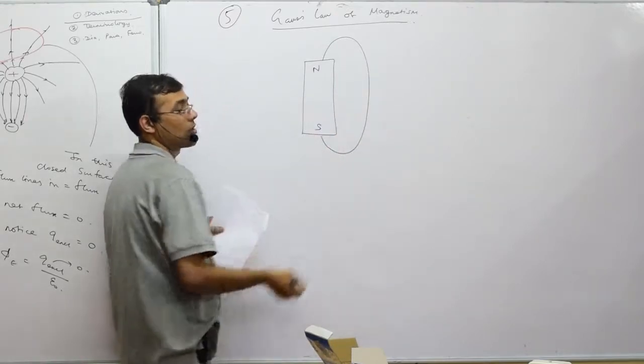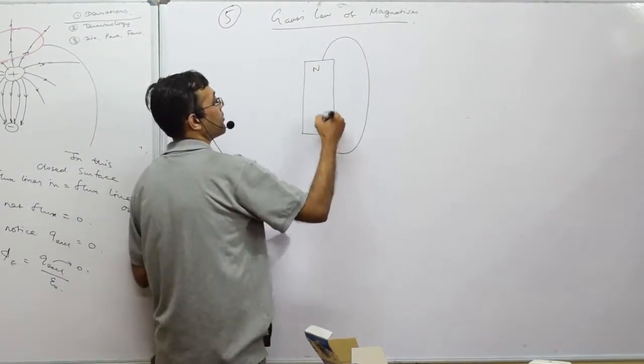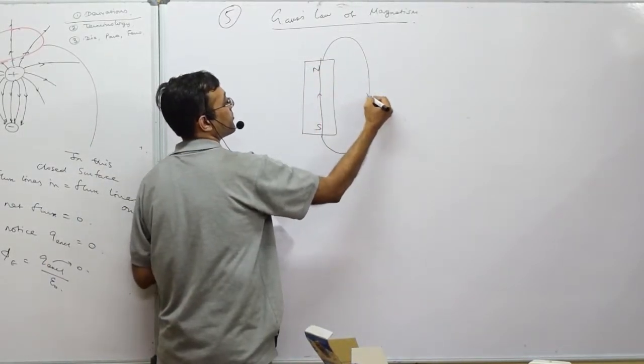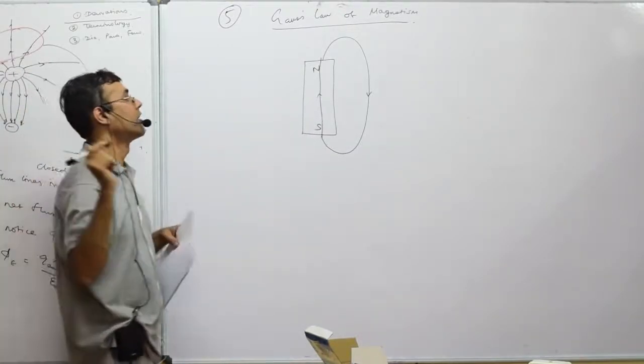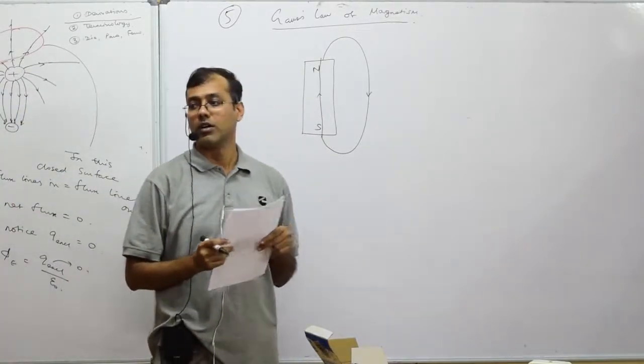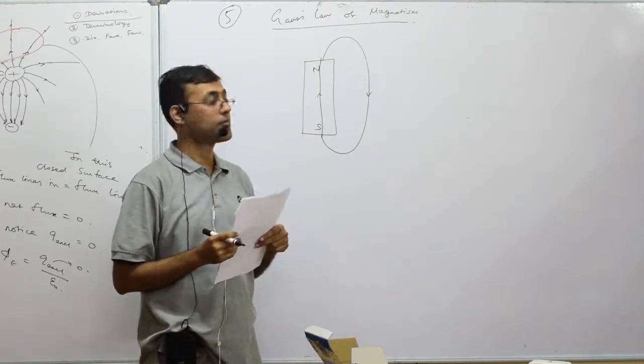But does it stop here? What does it do? It goes inside here. So that means it is continuous. Okay. Here it is not continuous. Okay. So take it down. Electric field lines are not continuous. Okay. It goes from plus to minus and stops.